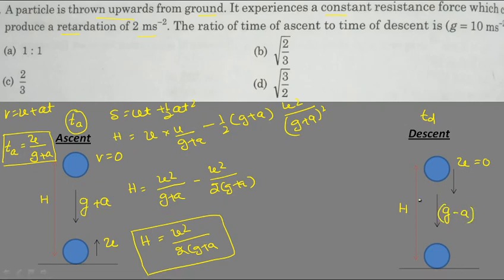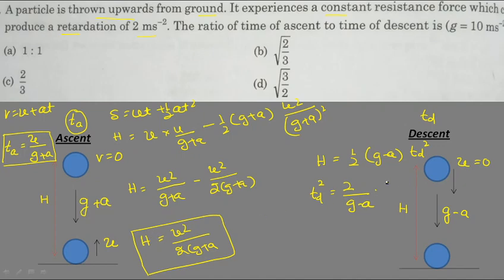Let me put it into the equations. I'll use the same s equal to ut plus half at square equation. Then s becomes h and u is 0, so half into g minus a into time of descent square. Both h and g minus a are negative, so I'm not carrying the sign forward. So time of descent square is equal to 2 upon g minus a into h.